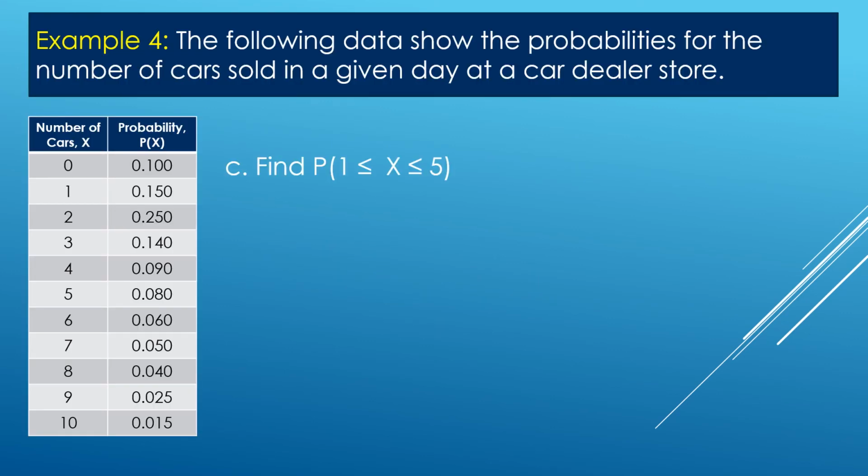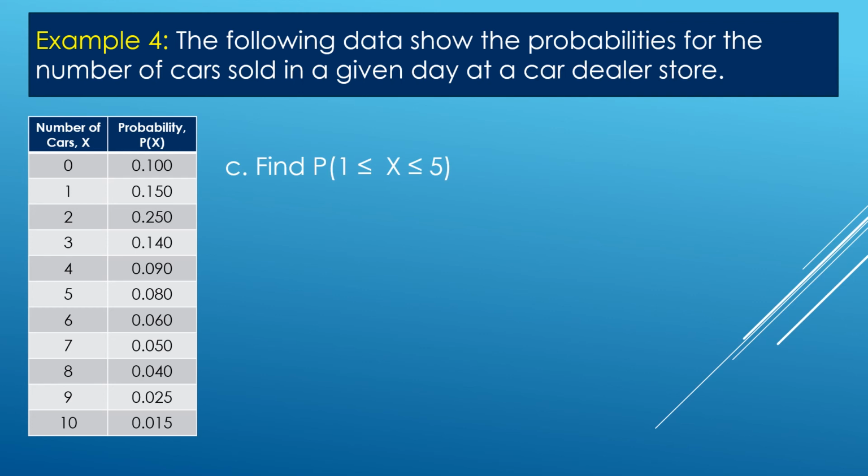Next example. So we have letter C. Find the probability, and the condition is x confined between 1 and 5, meaning random variable x is equal to 1 and which is greater than 1 also, and it is equal to 5 and less than 5.